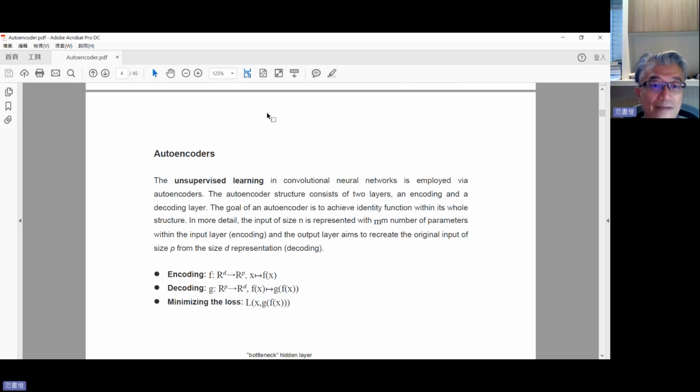This is the decoding. As I presented previously, encoding maps R^D to R^P, x to f of x. P is the number of important feature dimensions, and R^P maps back to R^D, minimizing the loss.